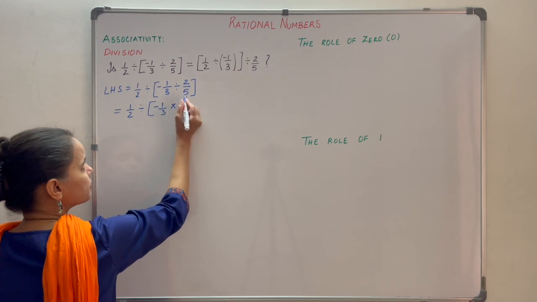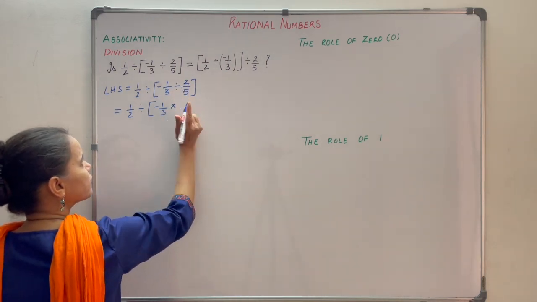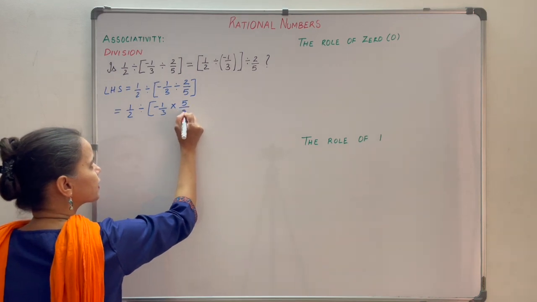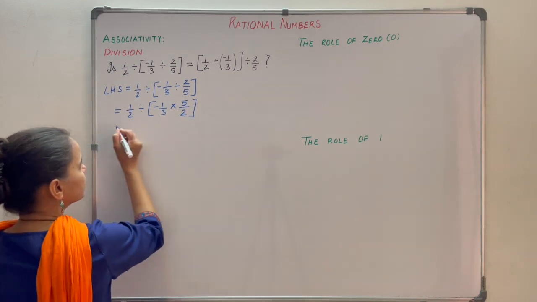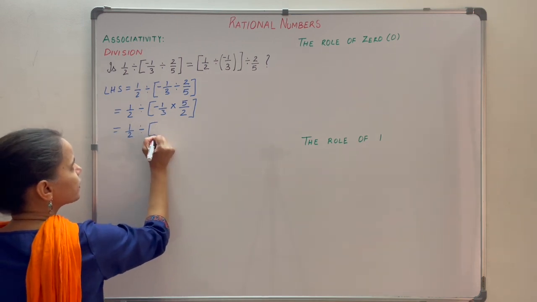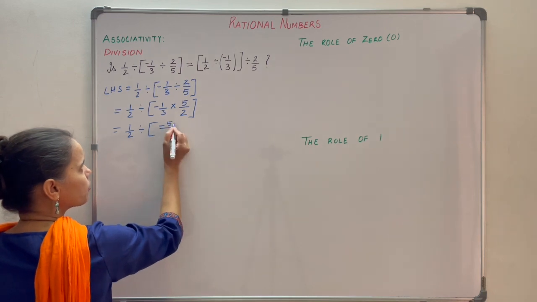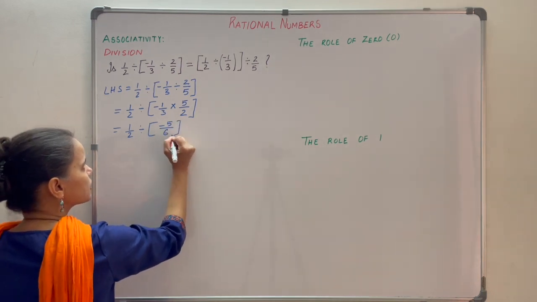Division changes to multiplication. Then you need to take the reciprocal of this number. So 5 will come in the numerator and 2 will come in the denominator. Now this is 1 by 2 divided by, minus into plus is minus, 1 into 5 is 5. In denominator you have 3 into 2 is 6.